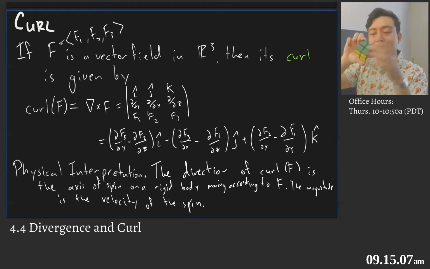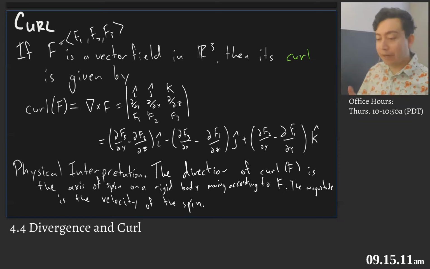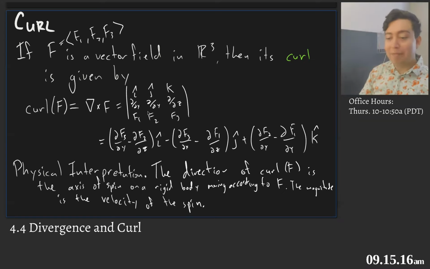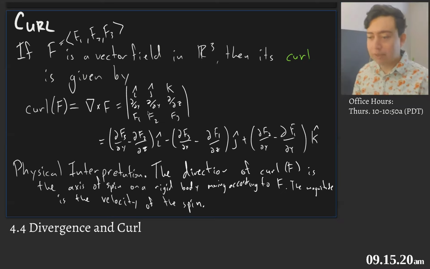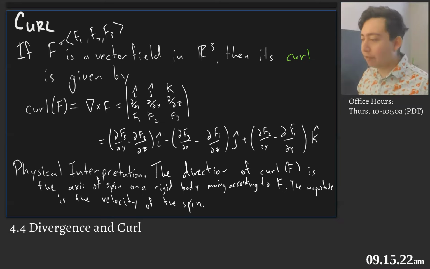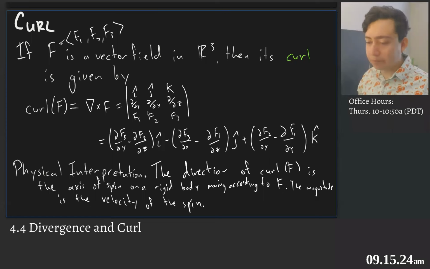But at any given point, there's a single axis of rotation. And so the vector field is giving you not only the axis of rotation, with the direction, but the magnitude is telling you how fast it's spinning. So that's what that's telling you.